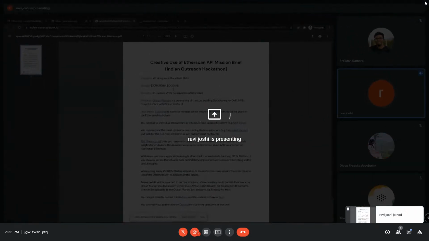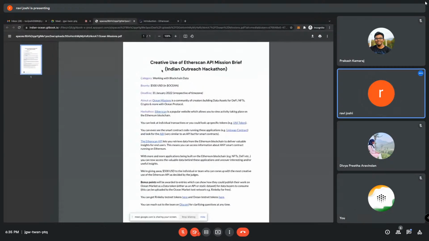Okay, so you guys can see my screen. Yeah, we can see. So as you can see in this section, we need to explore the Etherscan API in a creative way, so we can use it with our Ocean protocol.